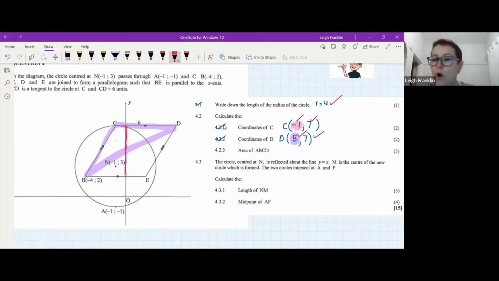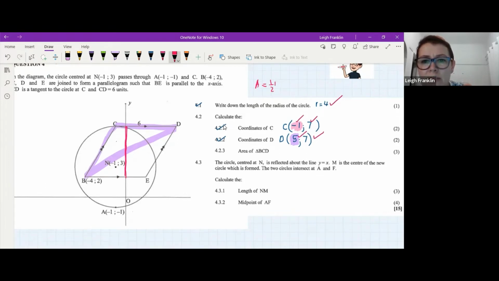The perpendicular height. Remember, we want to calculate the area of a triangle. Unless we were using trig, we would have to say area of a triangle is equal to half base times perpendicular height, right? So we know that the length of line CD is 6.